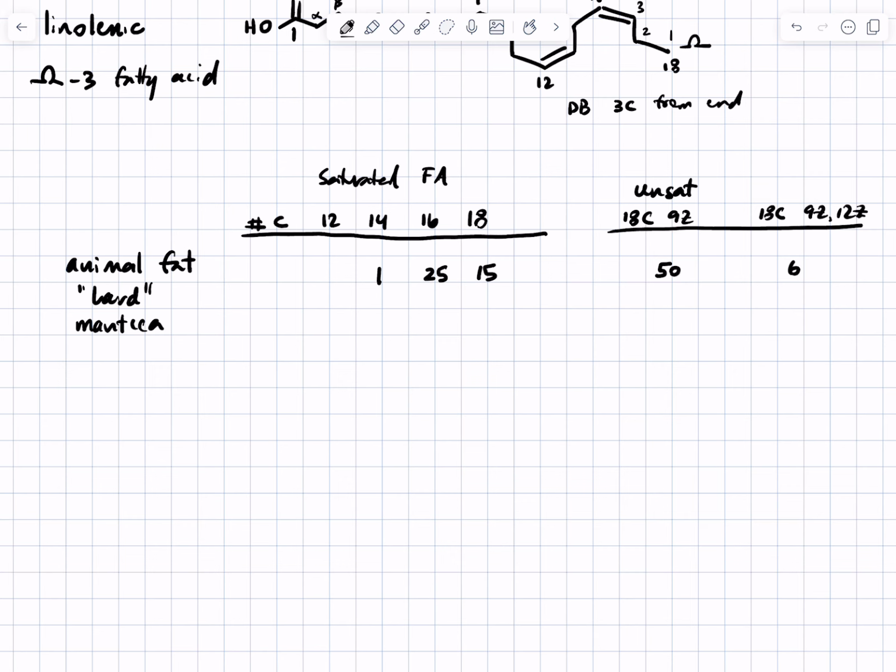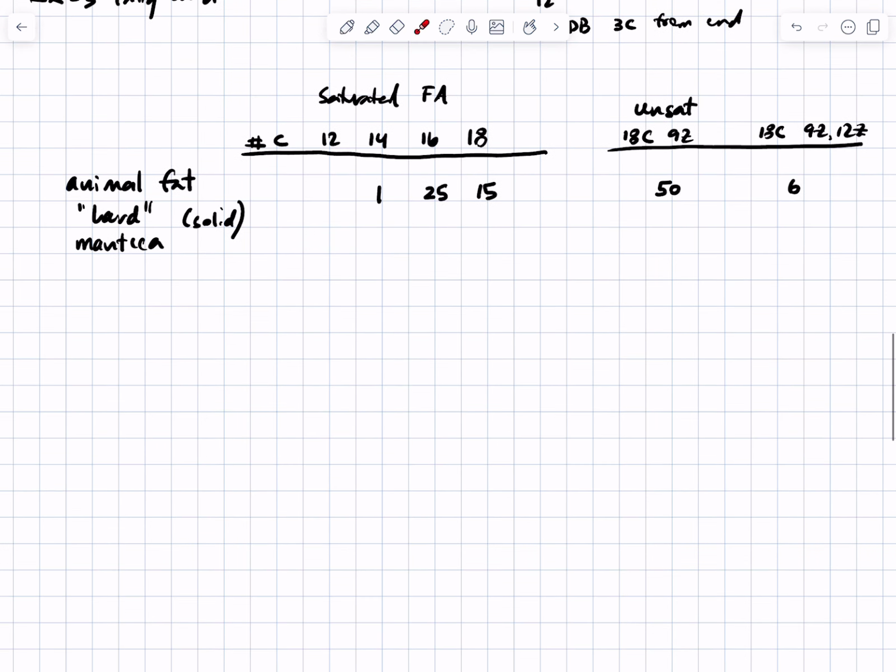And if you've ever dealt with animal fat before, is it a liquid or a solid? Solid, right? Sorry, I was looking at my notes and I was confused by something I wrote. Apparently having that much saturated fatty acid is enough for it to be solid.